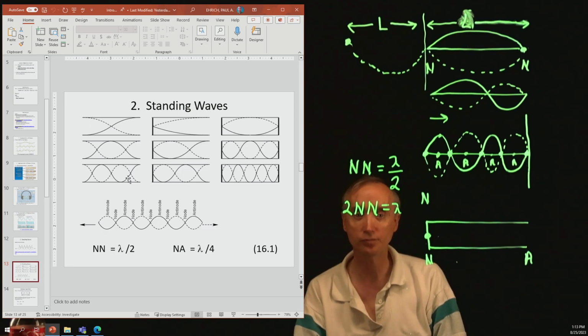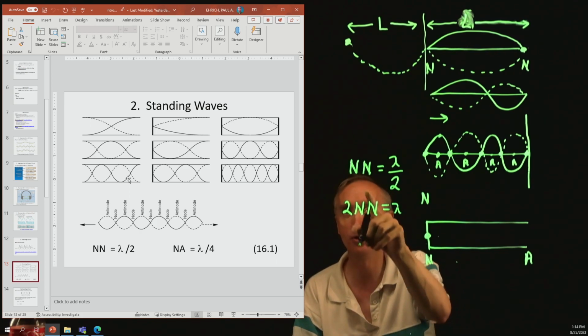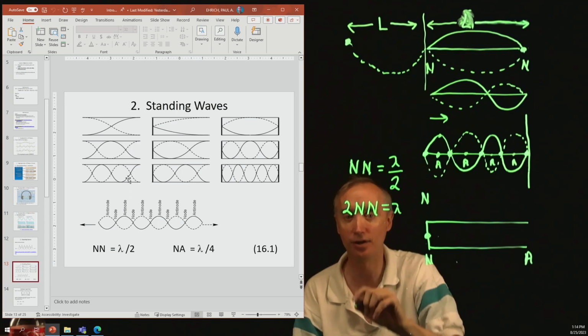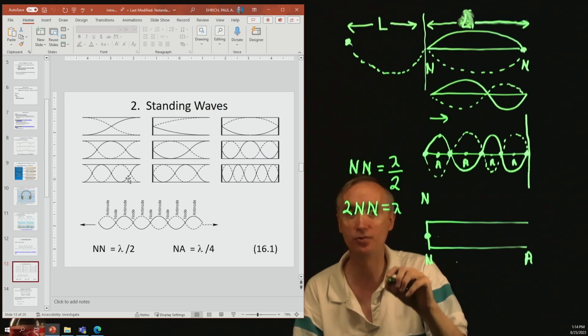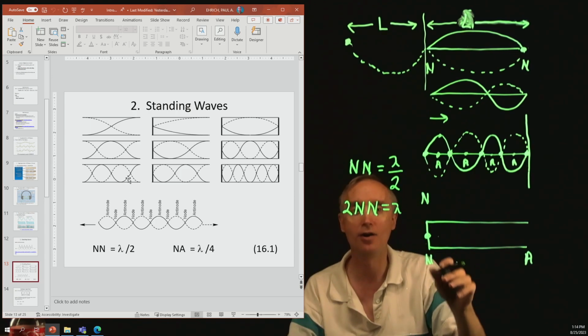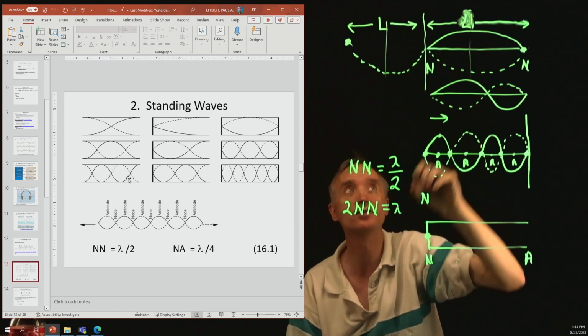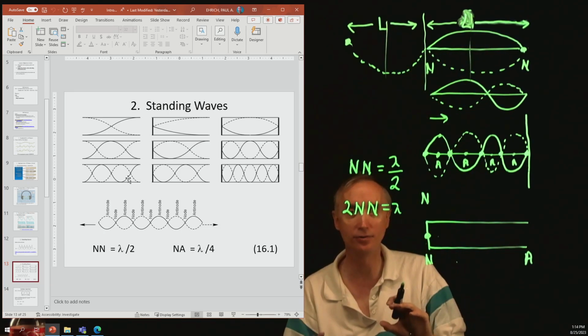Now it can be shown, and don't you just hate it when math people tell you that? It can be shown that the distance from a node to an antinode is equal to the wavelength divided by 4. I will let you do that. All you got to do is divide this thing up into 4 sections and then put in the antinodes.